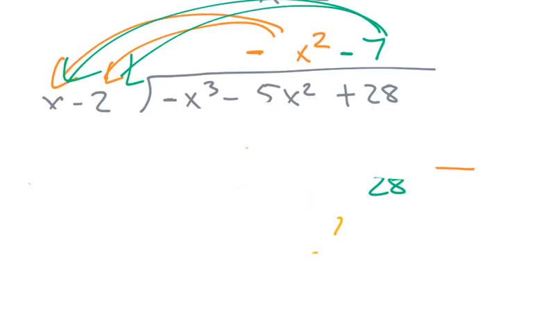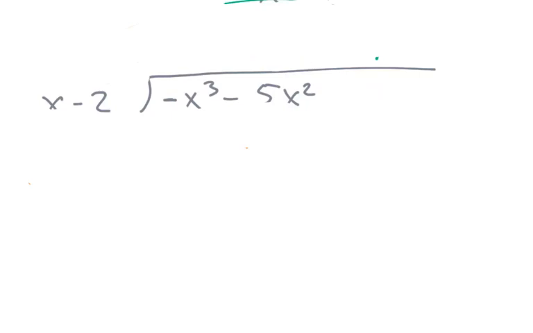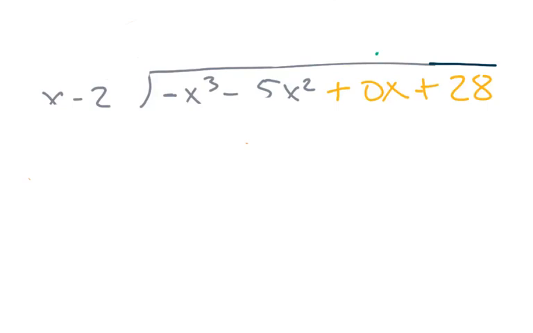It also gives you an opportunity to practice again with this, so it's kind of a good thing. Hopefully my erasing is entertaining. And like I said, I'm going to include a 0x term, and I believe that was plus 28. Let's double check. Yeah. Okay, so now we're going to re-attack this problem.